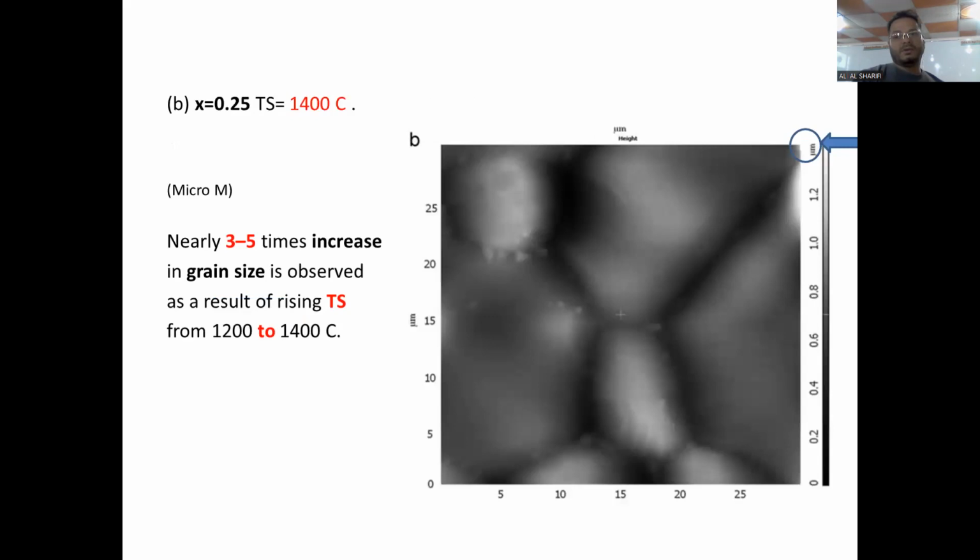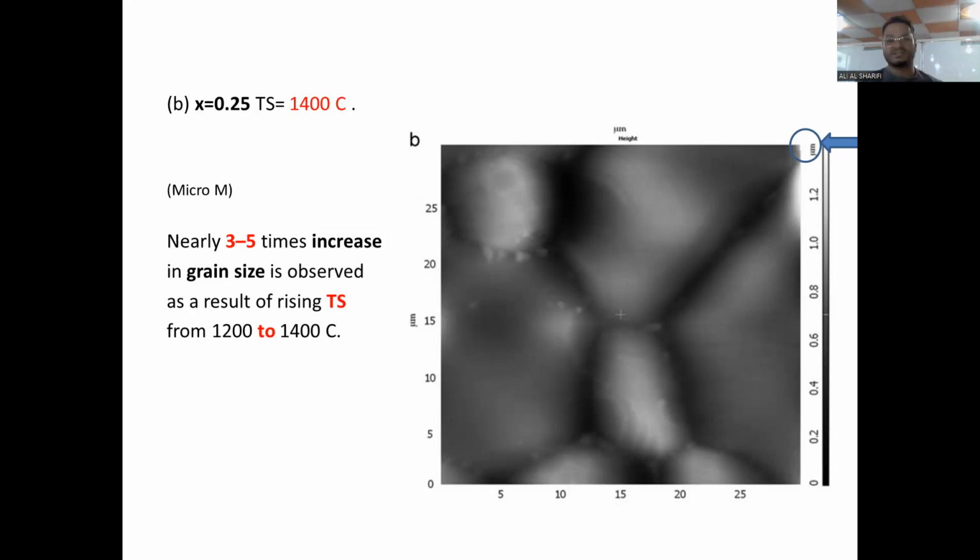But when we increase the temperature to 1,400 Celsius, the grain size reaches 1.2 micrometers, not nanometers. That means 10 to the power -6, not 10 to the power -9 anymore.